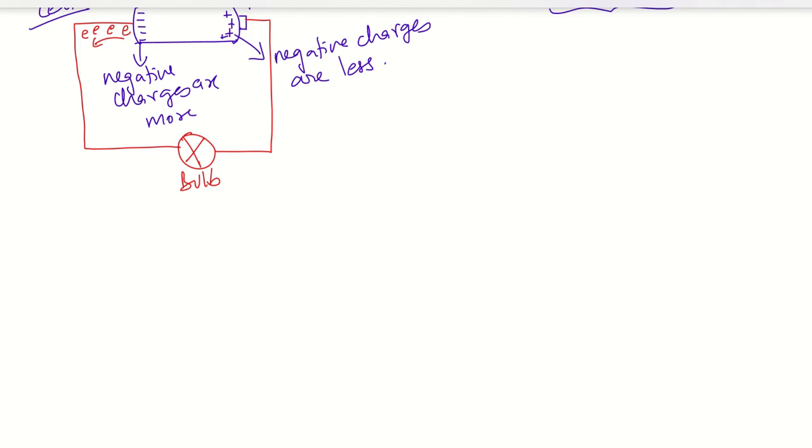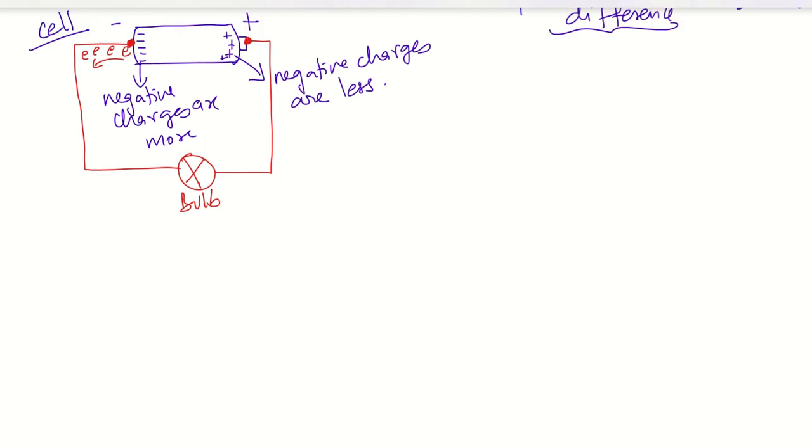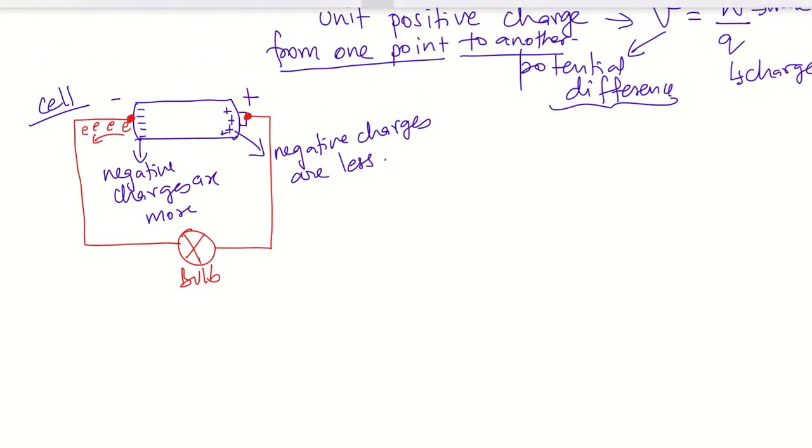The work done here is much less and the work done here is much more, because this electron has to travel all the way to here. That is the reason we call the negative end the low potential, and this end the higher potential.